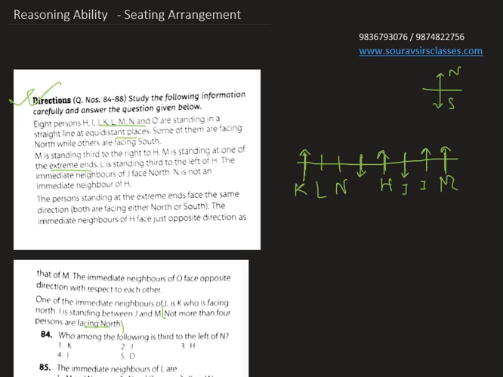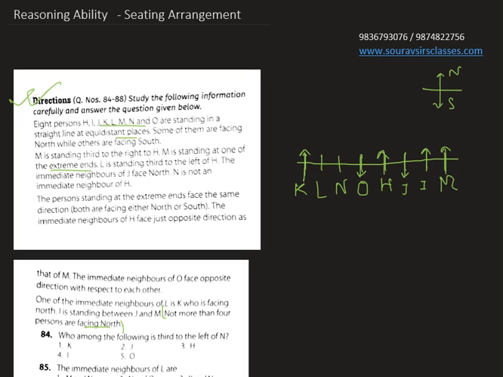The persons standing at the extreme ends are facing the same direction. The immediate neighbors of H face the direction opposite to that of M. This is done. Now, the only position that remains is for O, and the immediate neighbors of O face opposite directions with respect to each other.